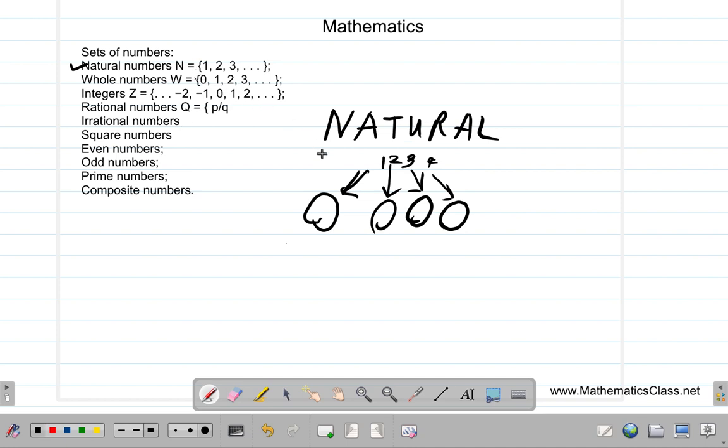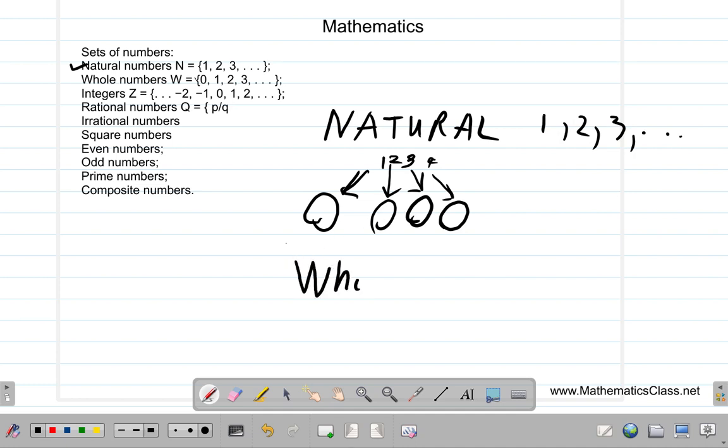Then, in the next set of numbers, you want to account for a situation when you don't have anything. You want something to represent nothing. So, just like with natural numbers, you start with 1, 2, 3, and so on and so forth.